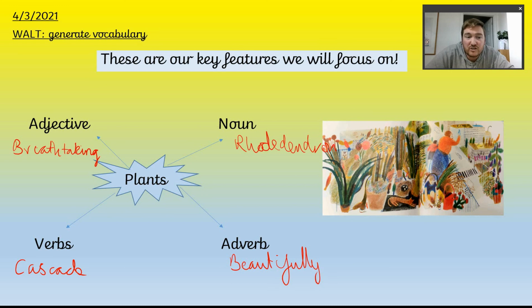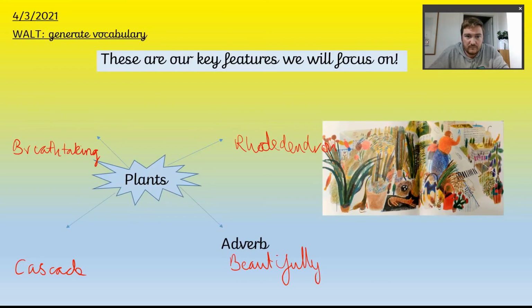Now, I've mentioned already what cascading reminds me of, like a waterfall. So I can now think about tomorrow, what could I compare this beautiful rhododendron to using a simile? Cascade sounds a bit like waterfall. Maybe this plant looks like a waterfall falling off of the rooftop.